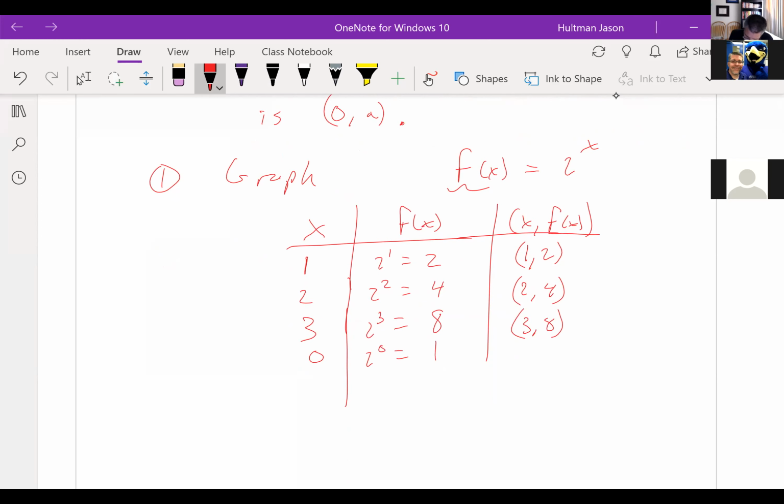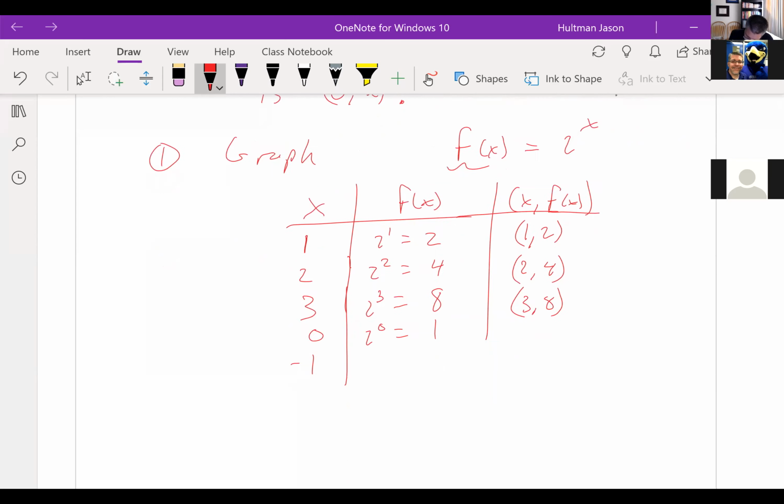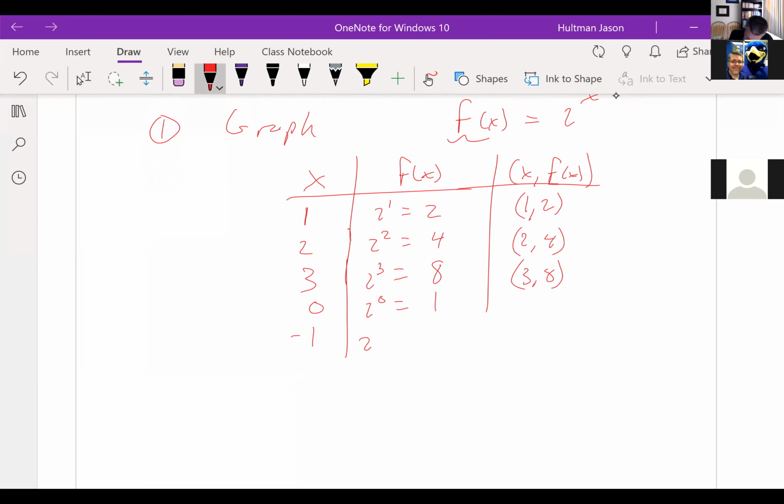2 to the 0 is 1. What about negative 1? What's 2 to the negative first power? 1/2. Yeah, very good. It's equal to 1 over 2 to the first, which is 1/2. So this would be at negative 1, 1/2. What about negative 2? 2 to the negative 2 is 1 over 2 squared, which is 1/4.